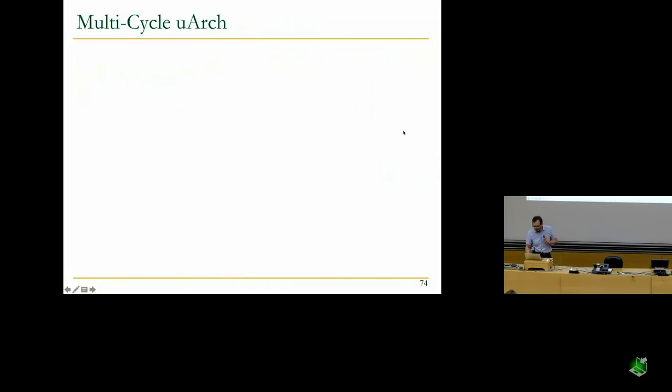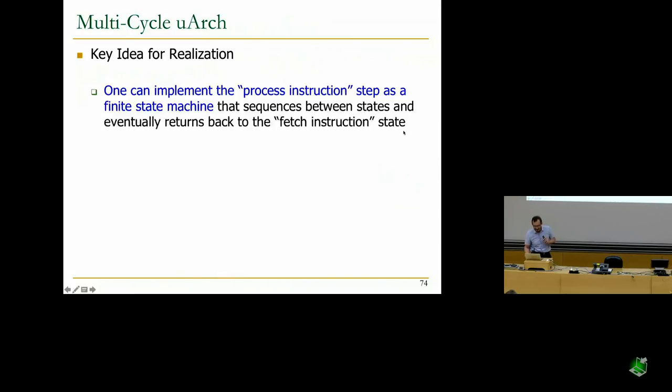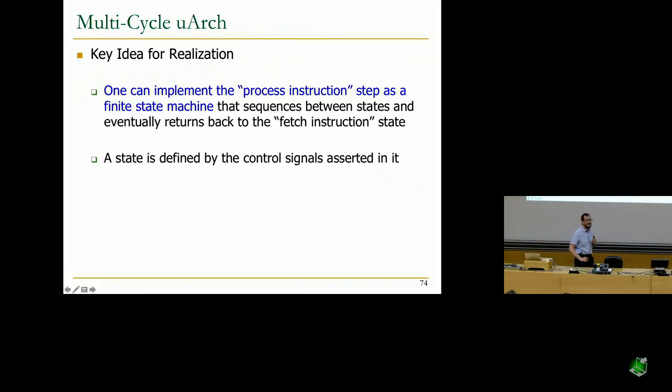But the key idea for realization of a multi-cycle microarchitecture is one can implement the process instruction state as a finite state machine that sequences between states and eventually returns back to the fetch instruction state. So a state is defined by the control signals that are asserted in it. So the control signals really define the state. That's what you're doing in this state.